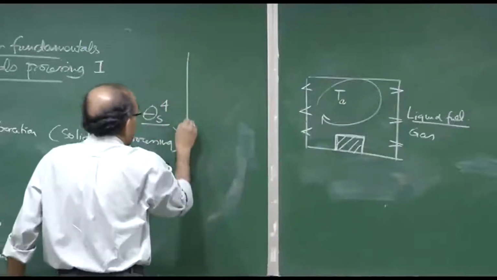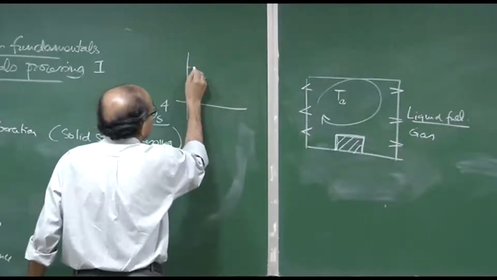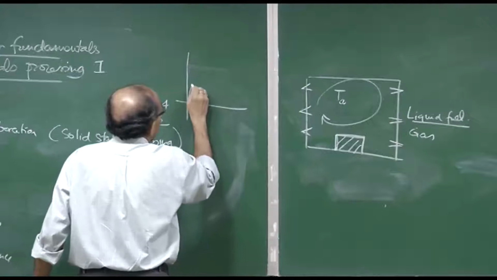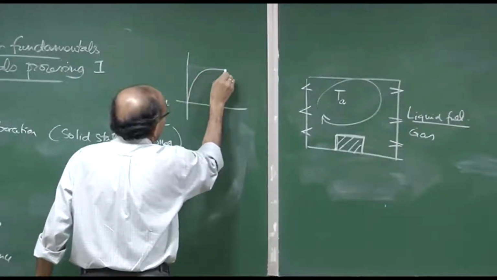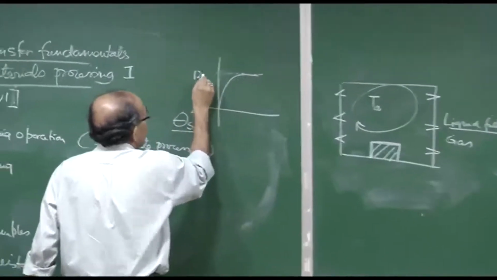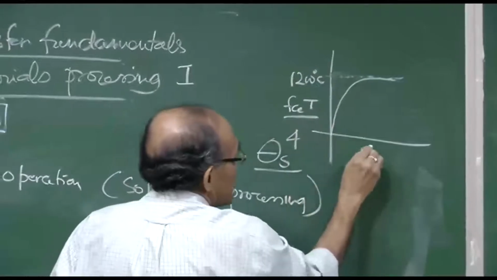So typically the furnace temperature looks something like this. Initially the furnace is cold, and then with combustion taking place, the furnace attains your desired temperature, which, as I said, could be about 1200 degrees centigrade. So this is furnace temperature, and this is time.